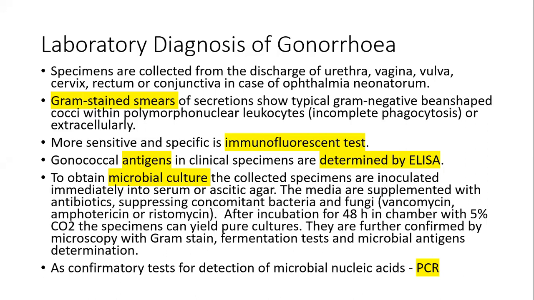But the microscopic method can be applied only in acute gonorrhea, not in chronic gonorrhea, because in the discharge of patients with chronic gonorrhea there are not a lot of bacteria, but in the discharge of a patient with acute gonorrhea we can see a lot of bacteria and a lot of leukocytes in the smear.